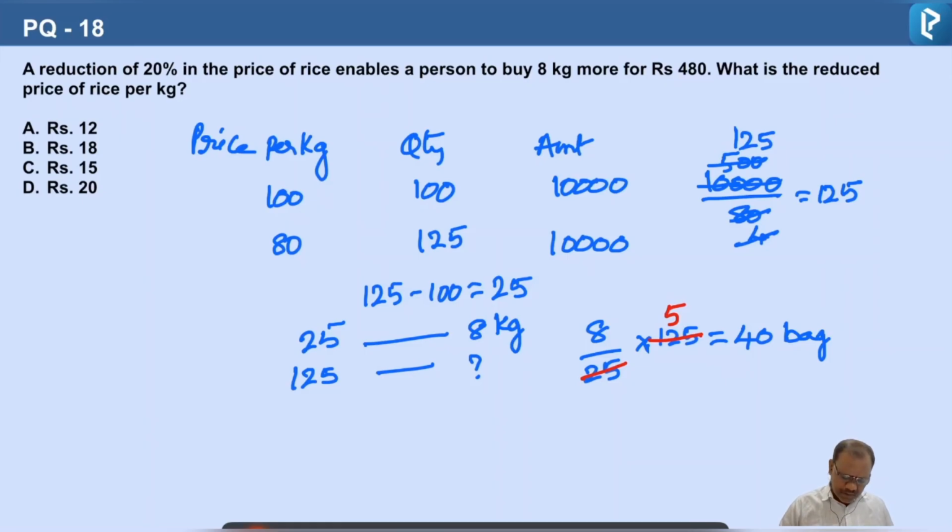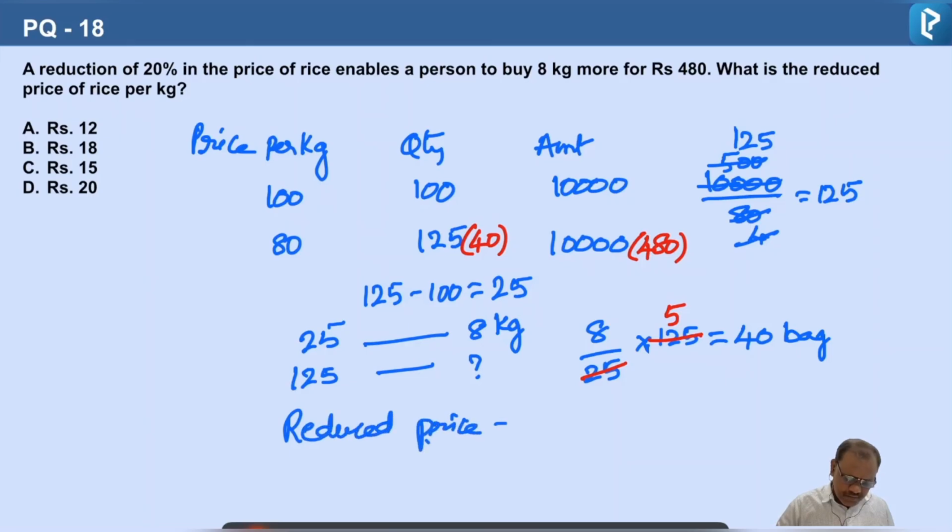So what is the amount he is spending? According to the question, it is 480. He is spending 480 rupees and he is buying 40 bags. Now what is the reduced price? 480 divided by 40.